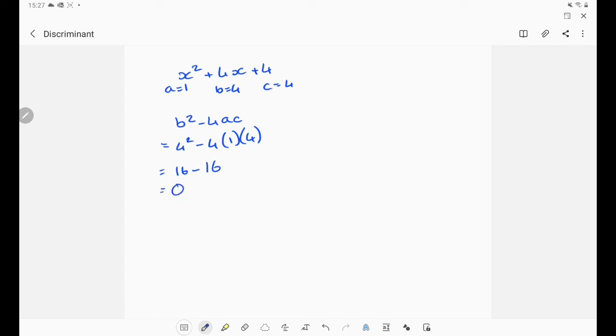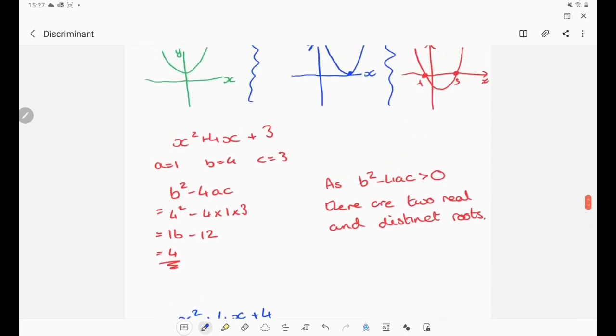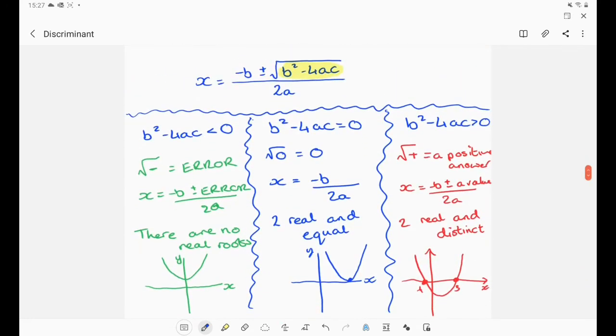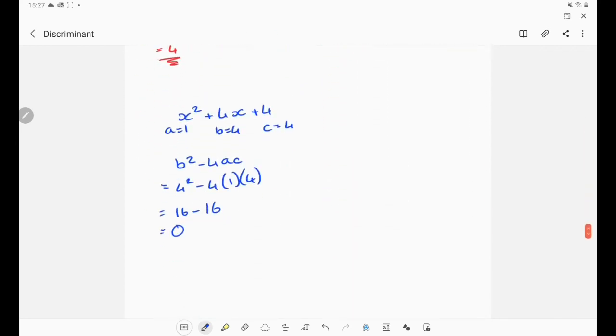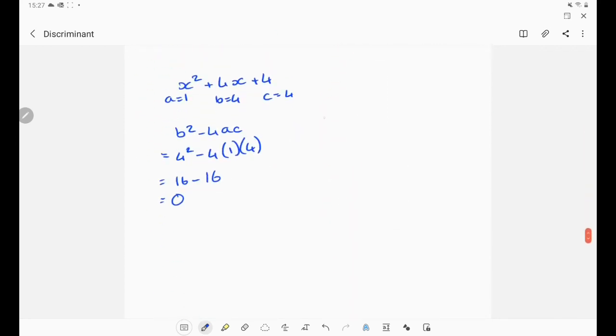And we think back, well, what does it mean if we have a discriminant of 0? It means we have 2 real and equal roots. So we write our sentence as b squared minus 4ac equals 0, there are 2 real and equal roots.